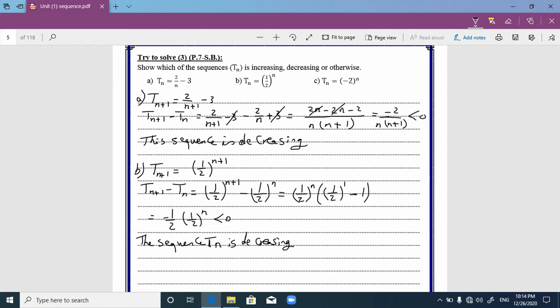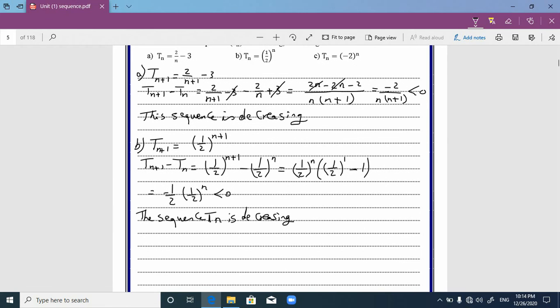Number 3: Tn equals negative 2 to the power n.